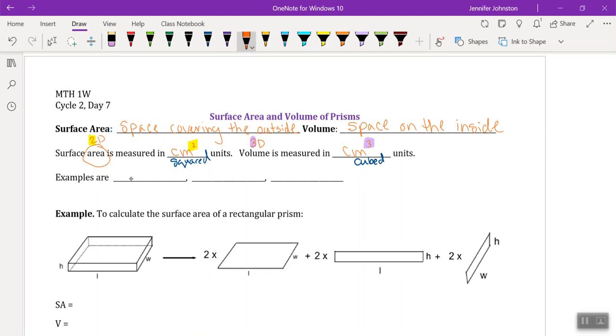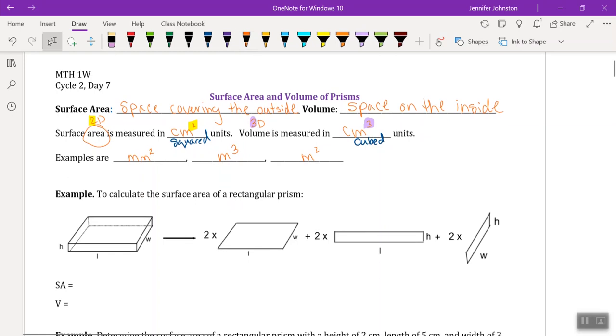Some examples are millimeters squared, or meters cubed, or centimeters, maybe even meters squared. So there's 2 area ones and a volume.